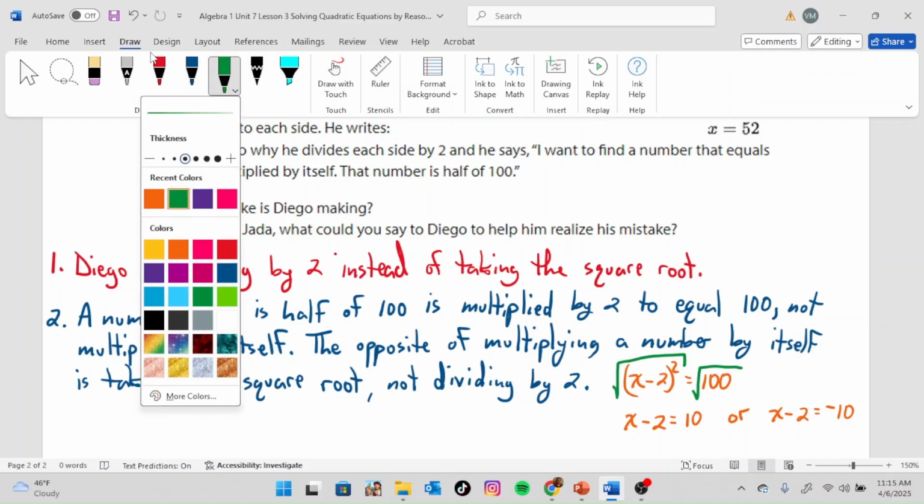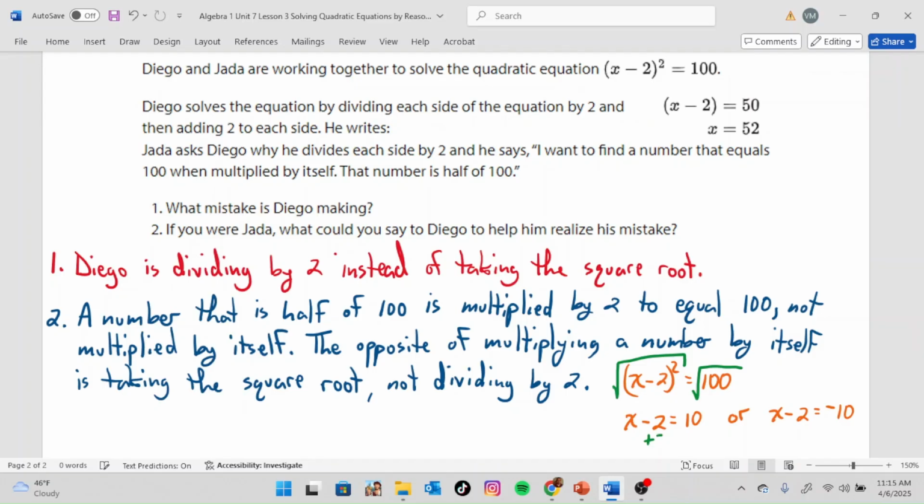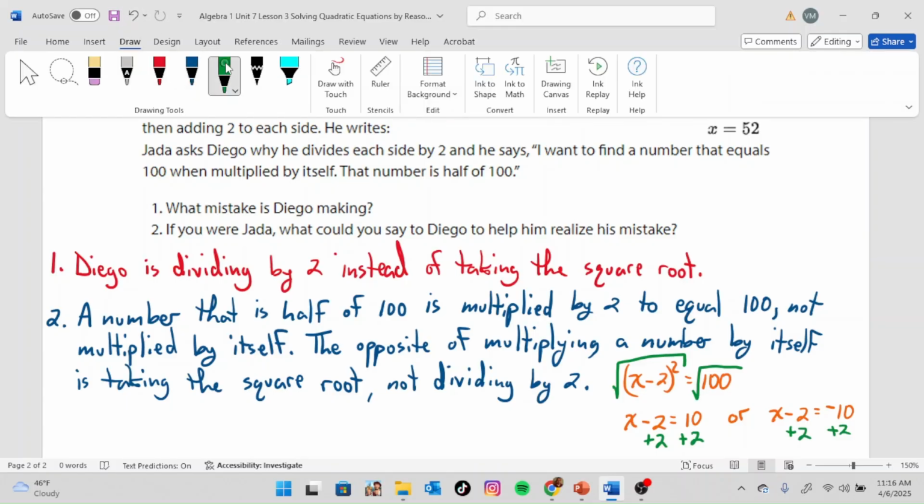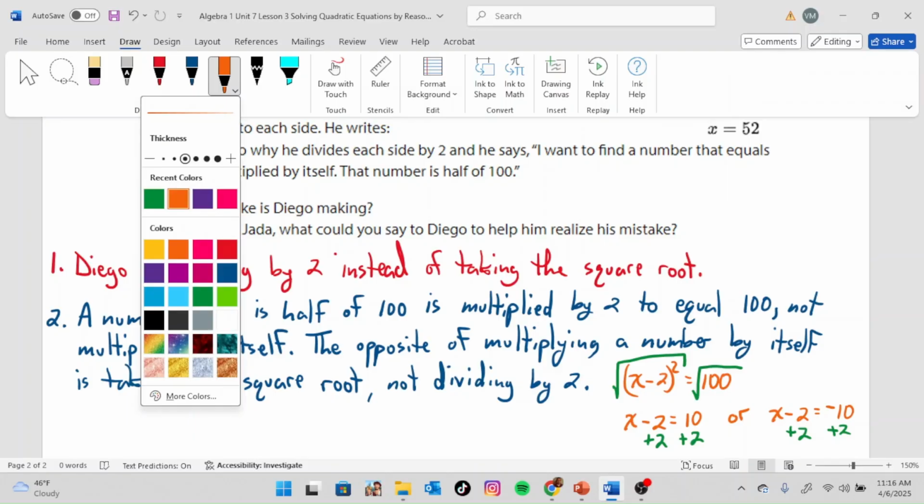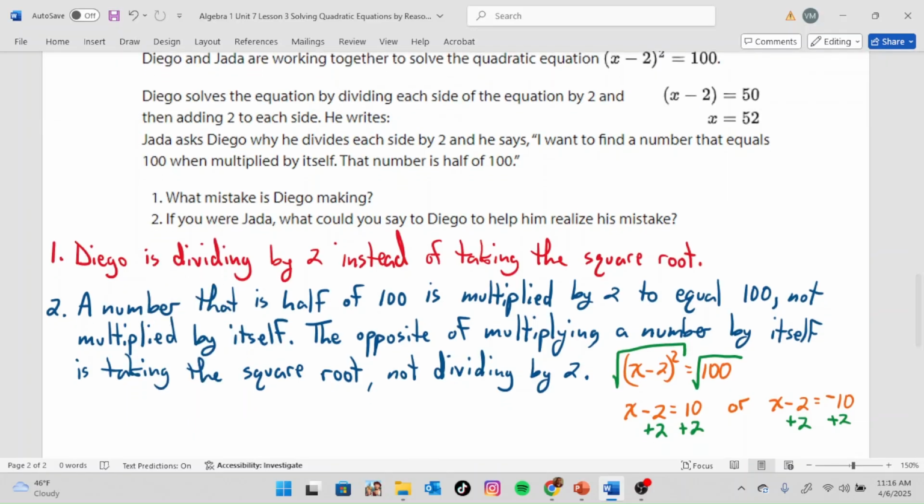Then he would have added 2 to both sides, in which case he would have ended up with the answers x equals 12 or x equals negative 8 instead of x equals 52.